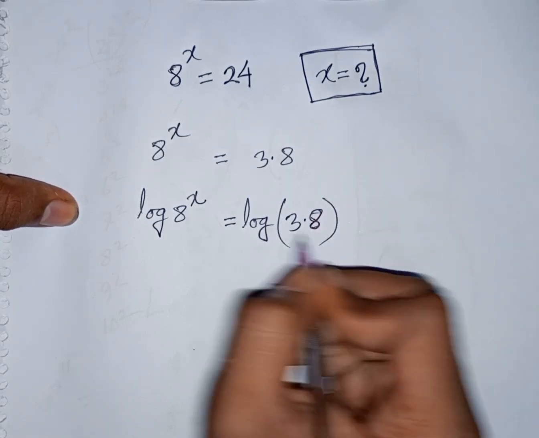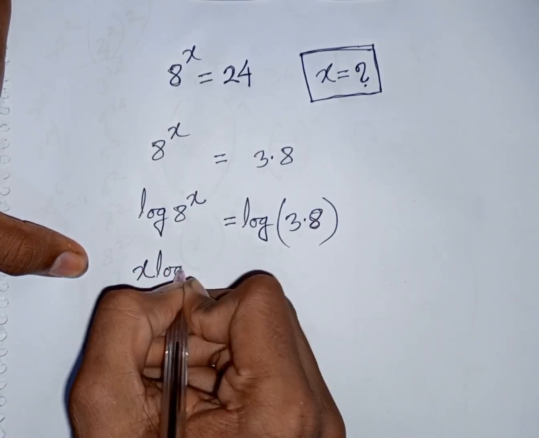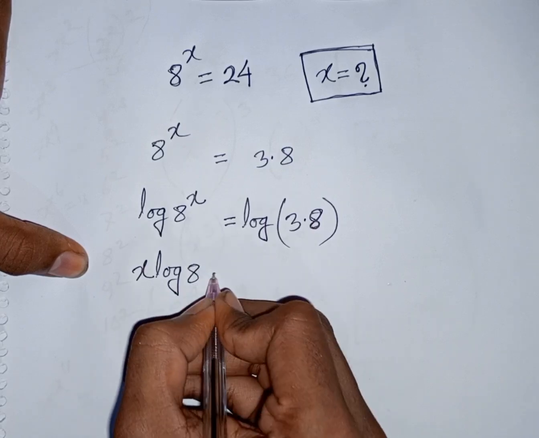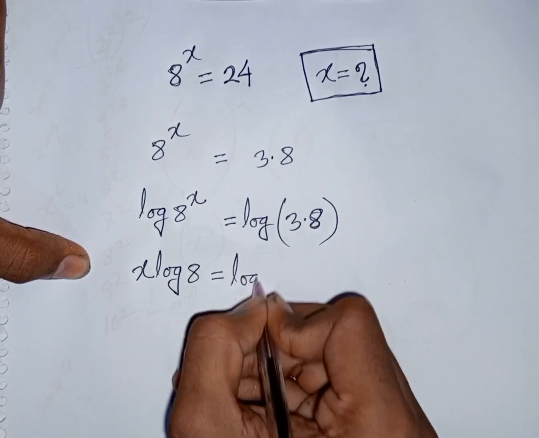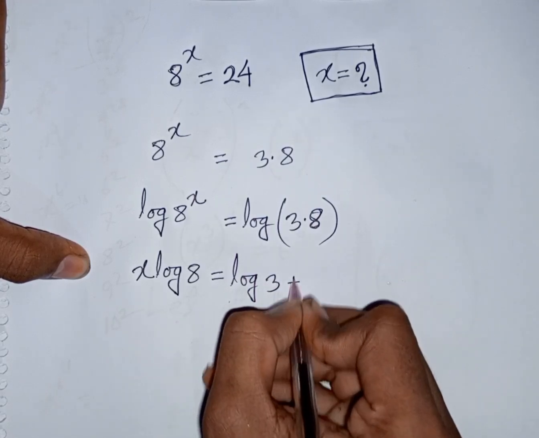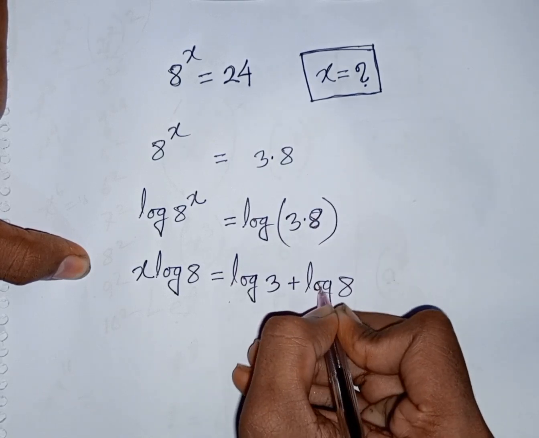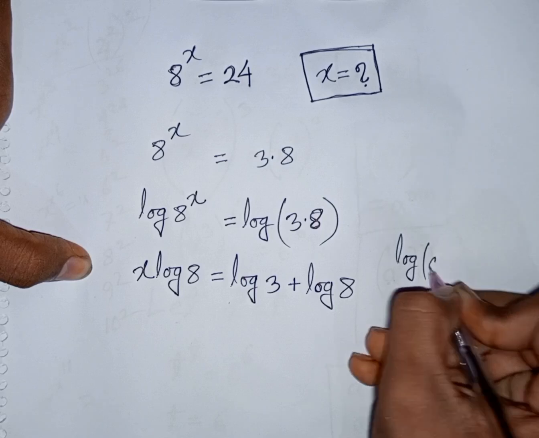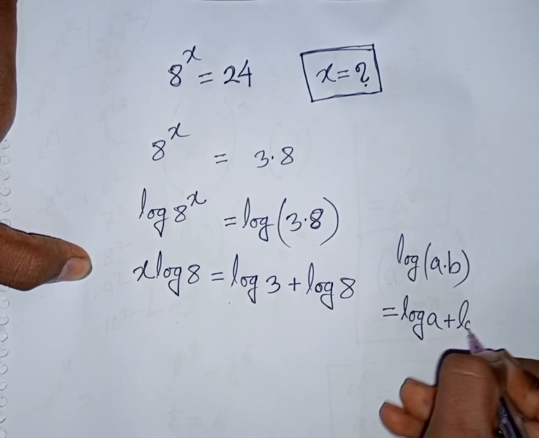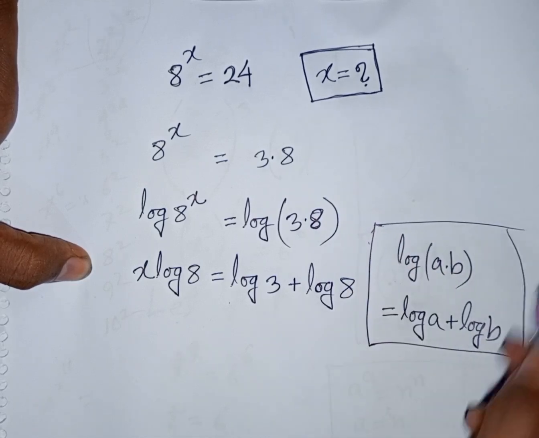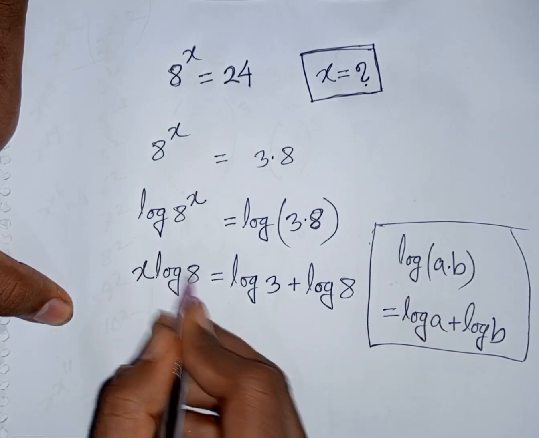Now this power x will move to the front, so you can write x log 8 is equal to log of 3 times 8, that means log 3 plus log 8. According to the formula log(a times b) = log a + log b, this formula is applied here. Now we need the value of x, so divide by log 8 on both sides.